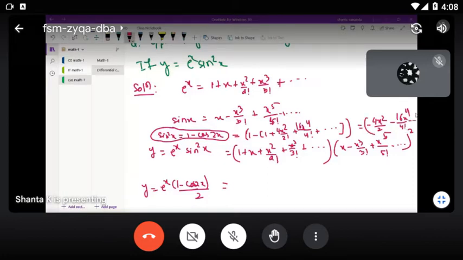Okay. So 1 plus x square by 2 factorial. And here we have 1 by 2, so we will cancel here 2. Let me write later on.